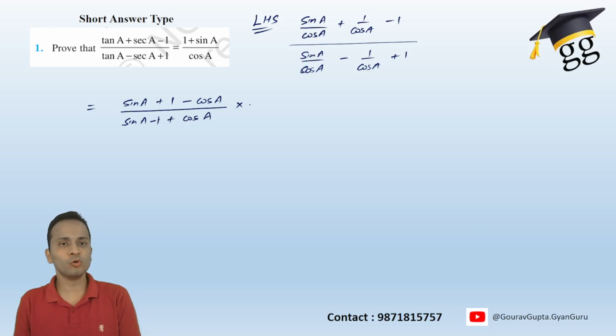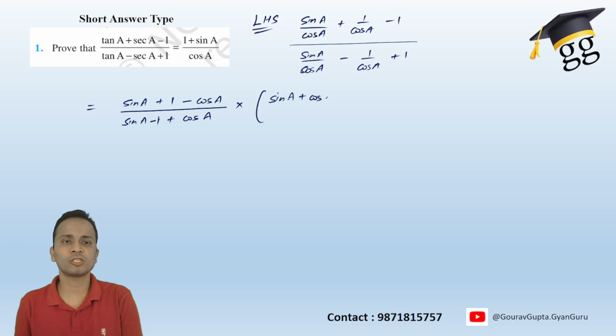Now what you can do is multiply and divide this expression with sine A plus cos A plus 1. So sine A plus cos A plus 1, multiply and divide.